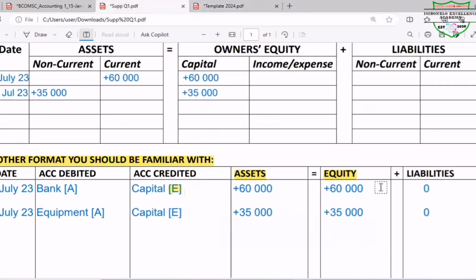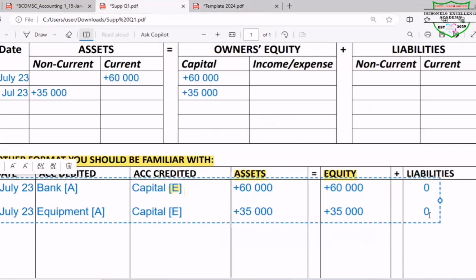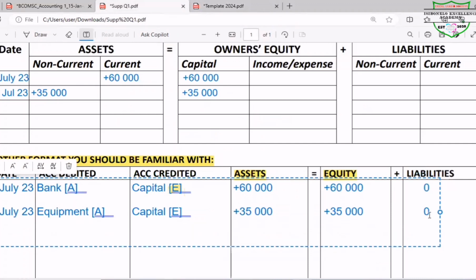Now let us show the effect in the equation. So this is on the 3rd of July 2023. The account that is debited is bank, which is an asset. And the account credited is the long-term loan, which is a liability.